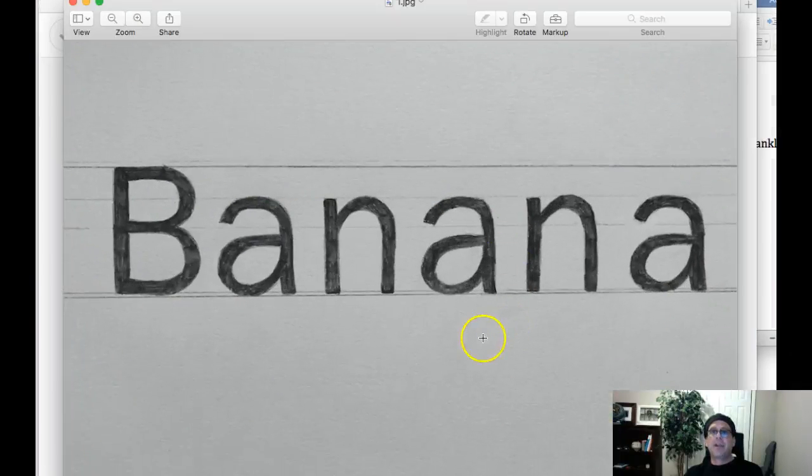The reason is because you can draw the baseline, but you can't draw the mean line or the cap line unless a couple of the letter forms are in place. That is because a mean line and a cap line are not universal. They're all dependent on the typeface you're using. So the x height of letters is different depending on the typeface.